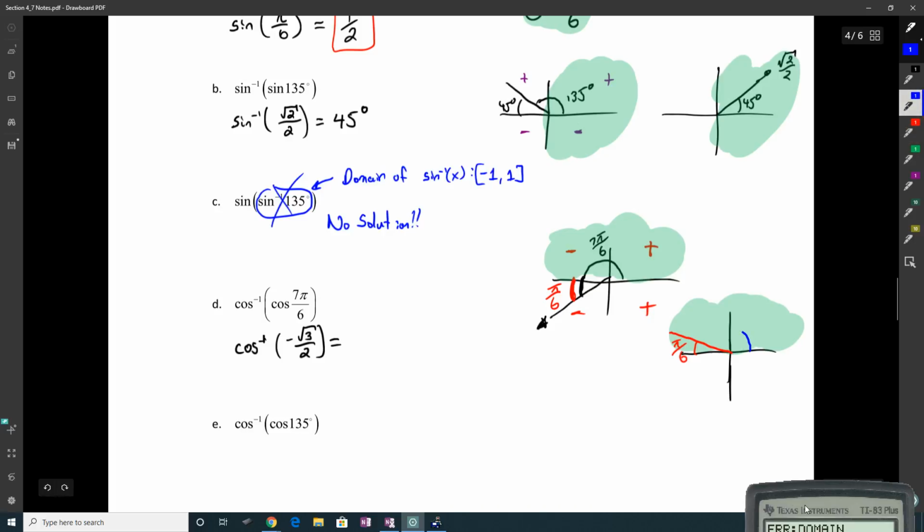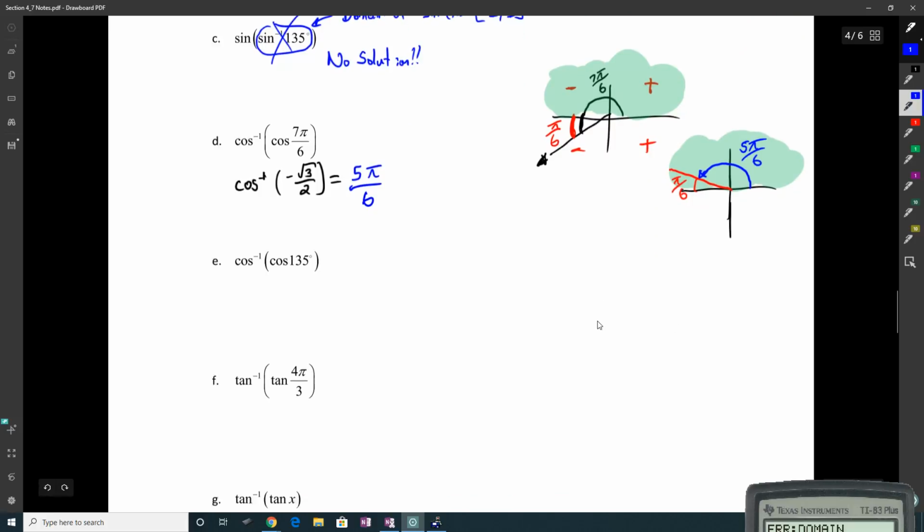And so this gives me 5 pi over 6. Okay? Because remember, the reference angles give you the same answer. Since my reference angle was in quadrant 3, I can't use it. So I'm going to have to make the reference angle in quadrant 2, but it's still the same reference angle. And the other angle that results from that is 5 pi over 6.